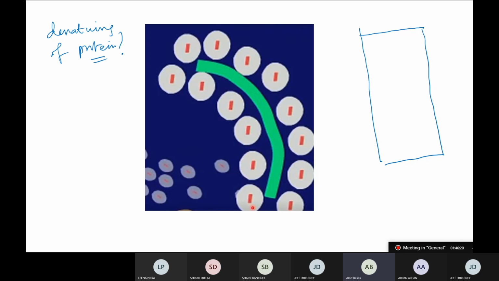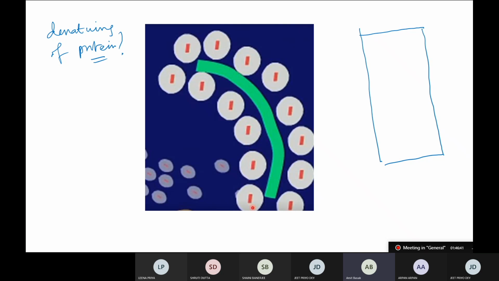It has lost its three-dimensional structure and become denatured. Denaturing of protein basically means that you lose the activity of the protein.